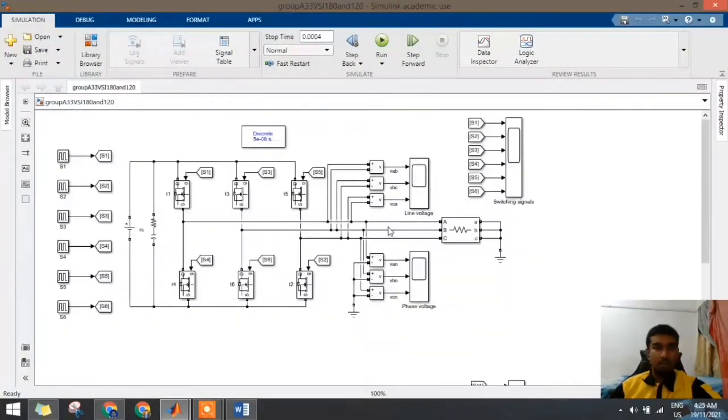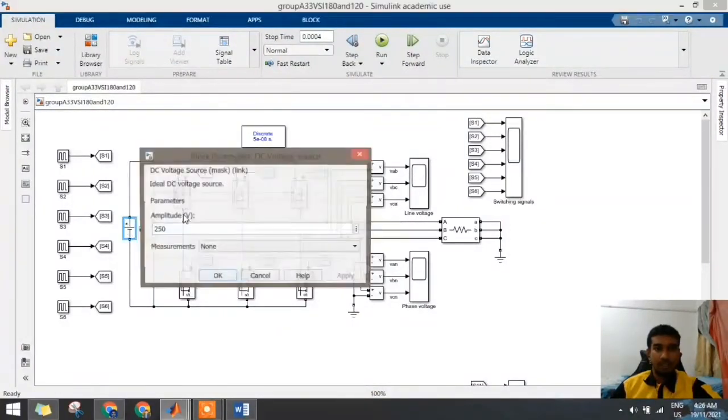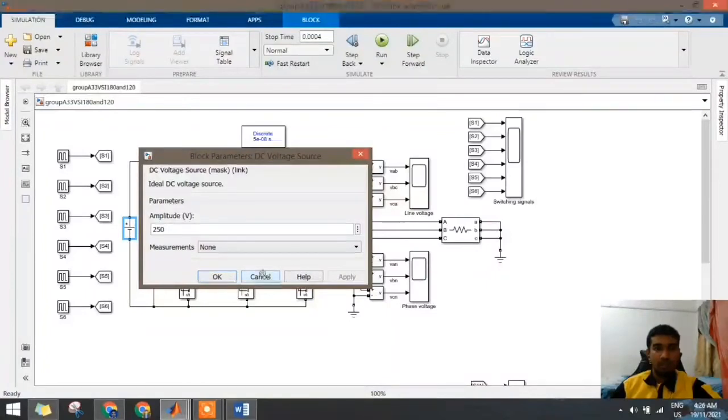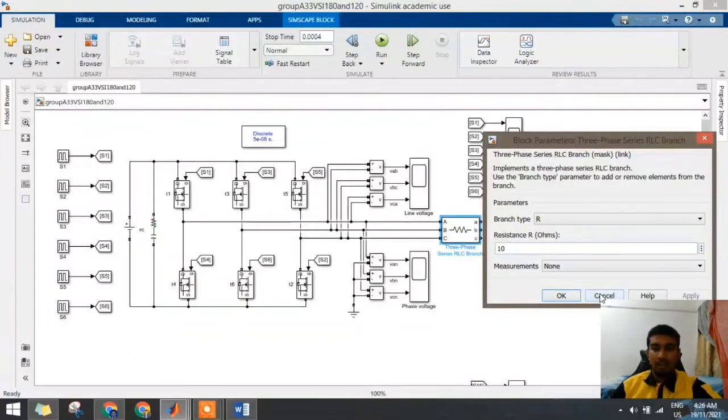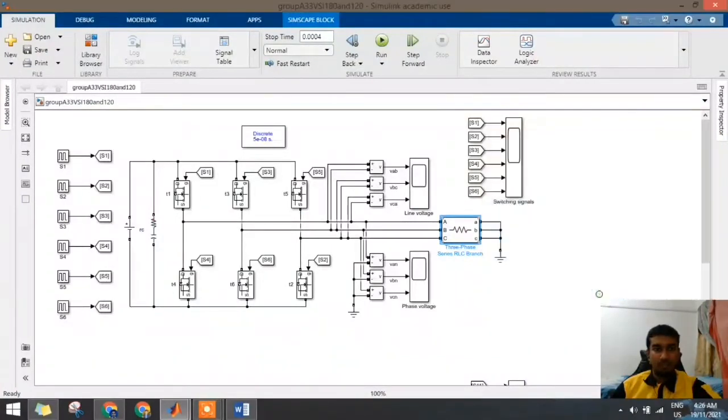Then for this simulation, we have used the discrete type powergui specification with a sample time of 0.05 millisecond. Then the parameter we set for the input voltage is 250 volts for both 120 and 180 degree VSI. Then the output is 10 ohm of resistor only for both VSI.